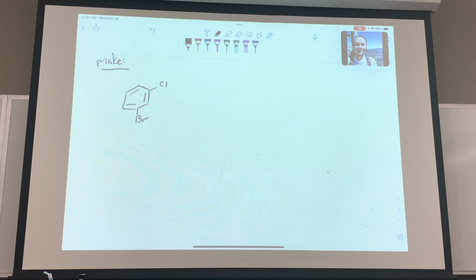So, for instance, if I wanted to do this reaction, probably what I would do, by the way, anytime you're trying to do the diazonium chemistry, the first step is to put a nitro group on the ring. Because obviously the diazonium chemistry requires an amine, and that's the best way of getting an amine on the benzene: nitrate it, reduce it. Okay? So I'm going to first nitrate.